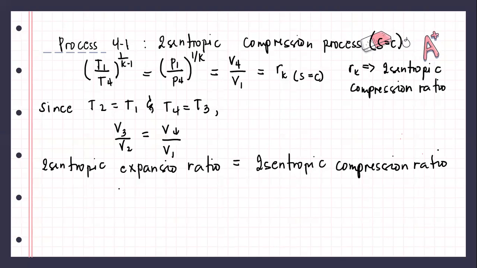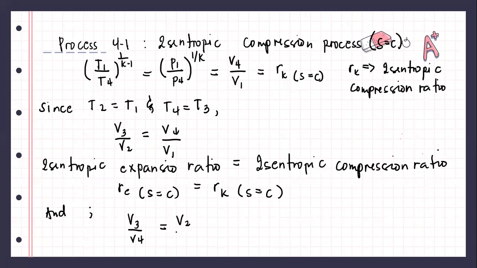Where RE at S is equal to constant, entropy is constant, is equal to RK, entropy is constant. Okay. Then, V3 over V4 is equal to V2 over V1.